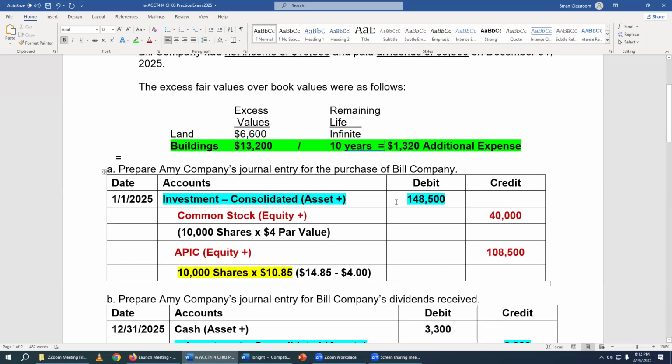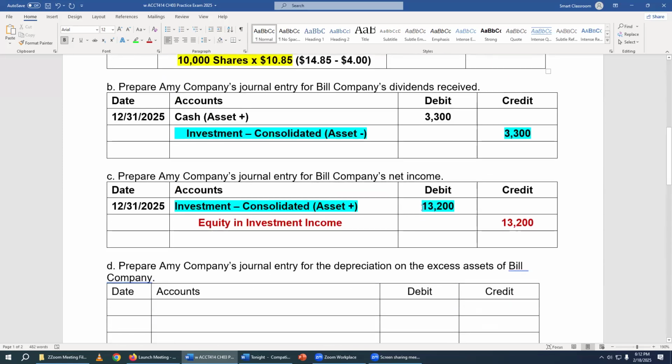Okay, so we got to take that out of our income.